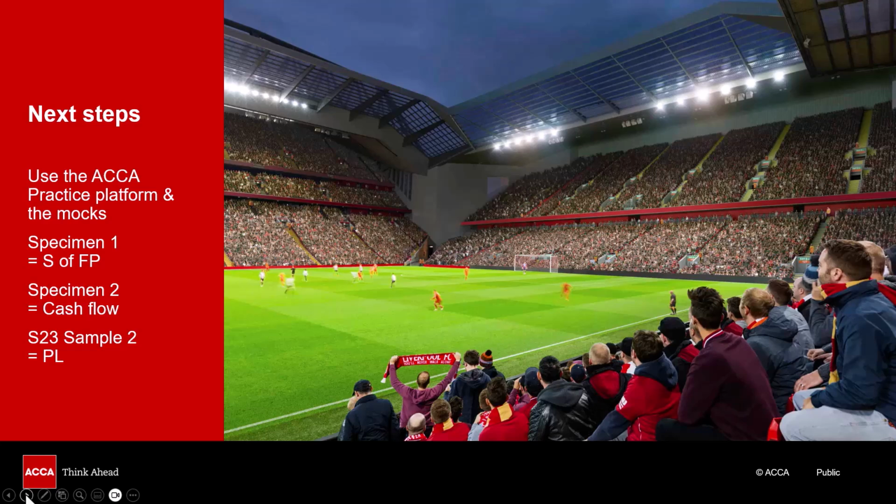And I want you to think of the ACCA practice platform as your Anfield. I want you to get comfortable with it. You can access this through your My ACCA, because when it comes to the real exam, you're going to have to be manipulating those windows, opening up those exhibits, and typing up your answer.